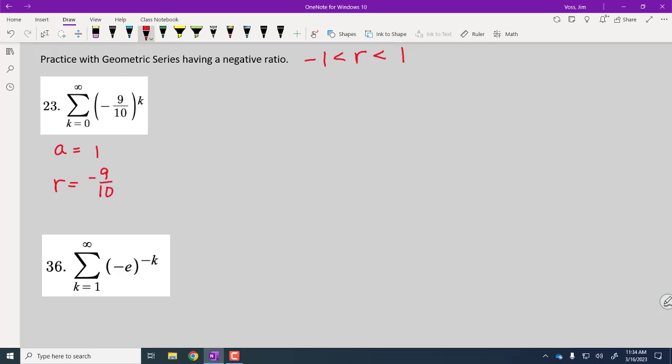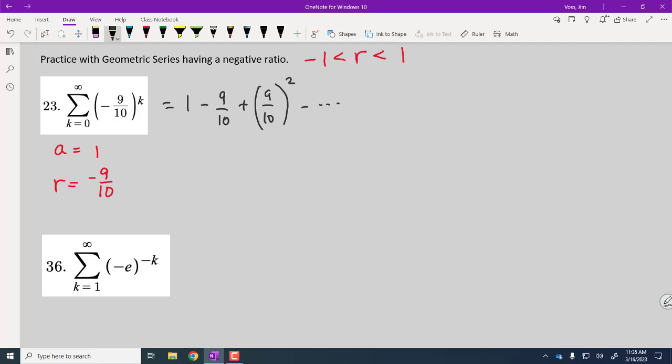Again, if it's not clear, just write out the first few terms. You plug in 0 and you get 1. Plug in 1 and you're going to get -9/10. Plug in 2. If you square a negative, it goes away and turns to a positive. And you're going to get 9/10 quantity squared, etc. So you can see that you multiply by -9/10, you multiply it again by -9/10.